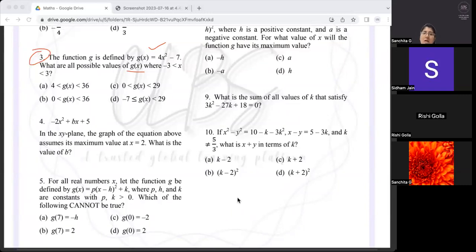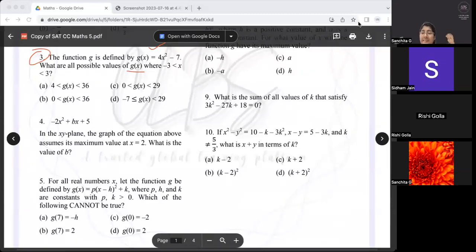The smartest way is to pick a number that is really easy for us to solve. I will take x equal to 0, because I have from -3 to positive 3, so I have a 0 in between. My comfortable number is going to be 0.